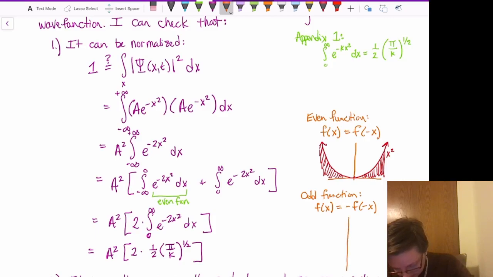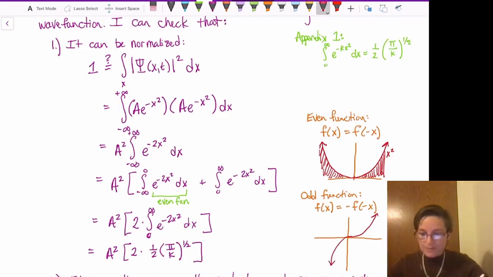So something, for instance, like x cubed would be an example of an odd function. My ability to draw cubes is okay, but not great. So hopefully you will just bear with me that I'm trying to draw a function that's symmetric about the x-axis, but flipped.